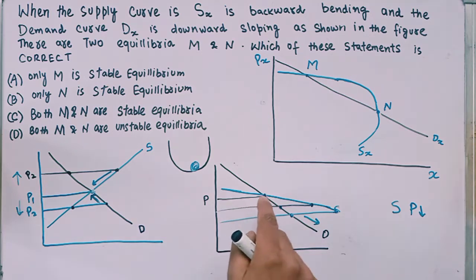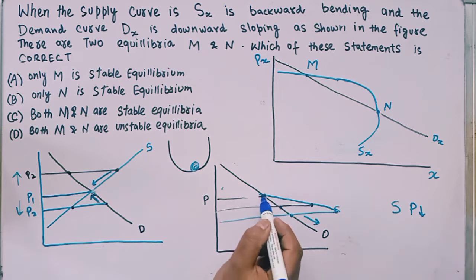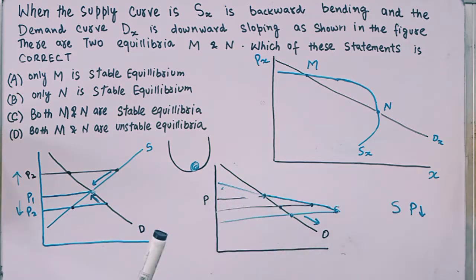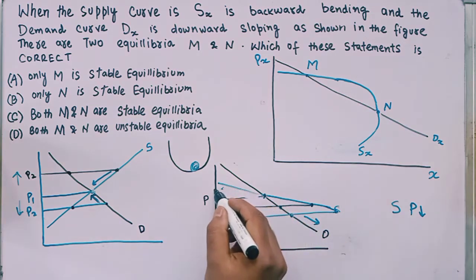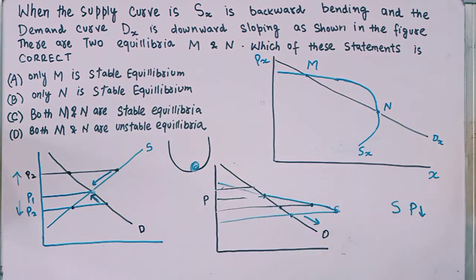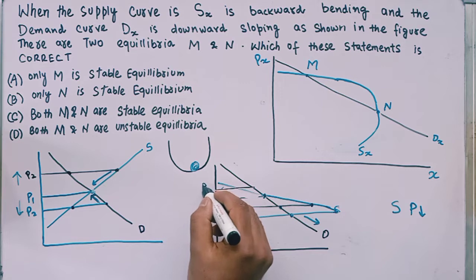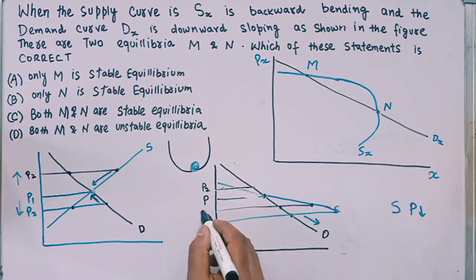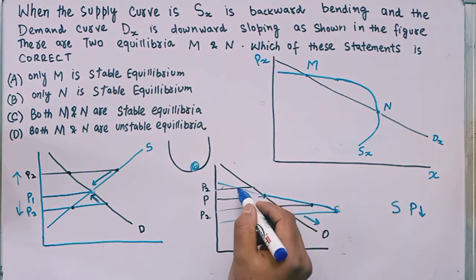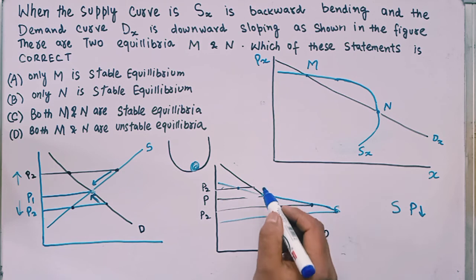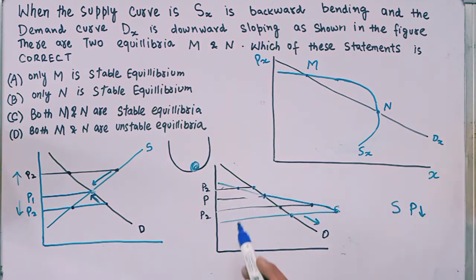So let us draw it somewhat straight like this, to make sense here. Let us say if price goes up, we have a price of P2 here, and here we have P1. If for any reason price goes up, here we can see this much is our supply, this much is our demand. Here supply is less, demand is more.